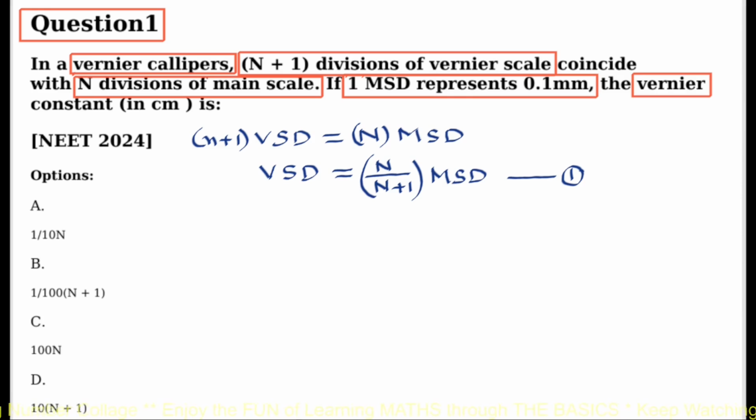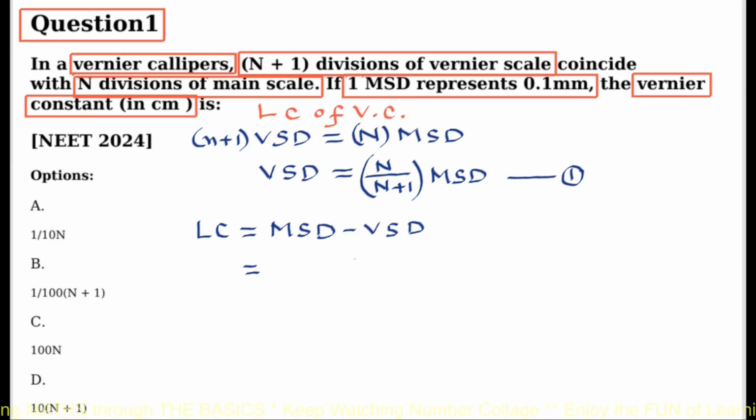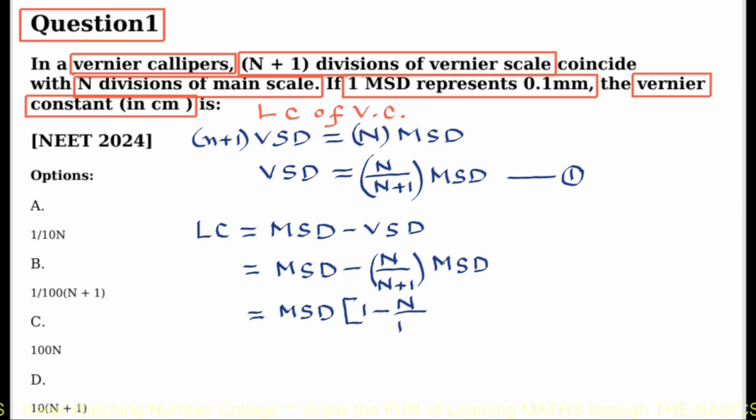We have to write vernier constant in centimeter, that is least count of this vernier caliper. We have least count of vernier caliper equals main scale division minus vernier scale division. That will be 1 main scale division MSD into 1 minus n upon n plus 1, putting value of 1 MSD 0.1 millimeter, that is 0.01 centimeter, because we have to answer in centimeter, into n plus 1 minus n, 1 upon n plus 1.